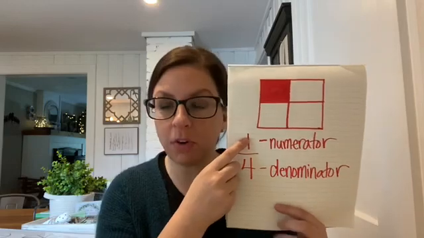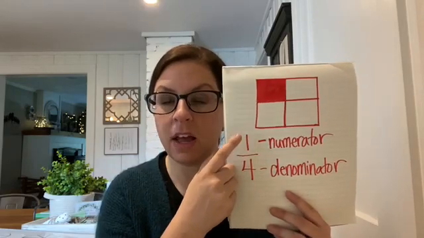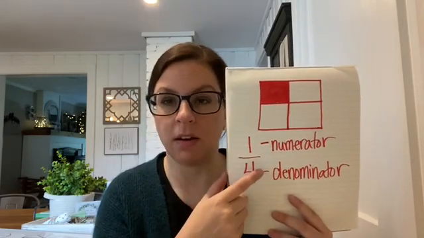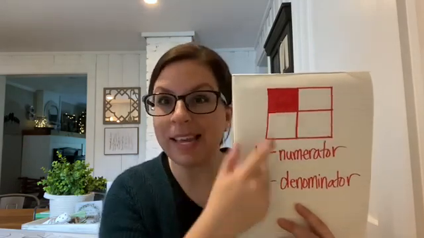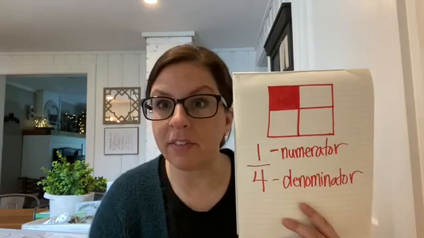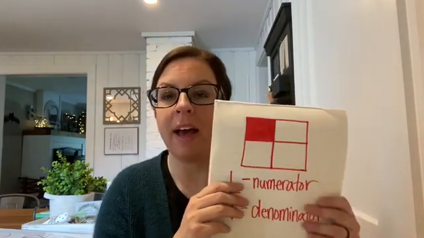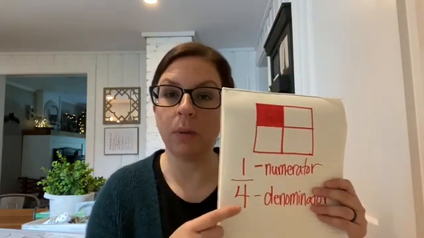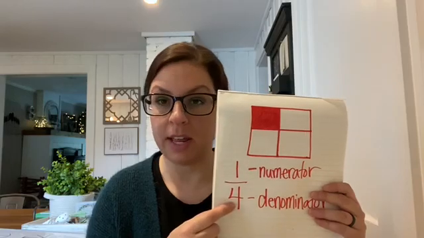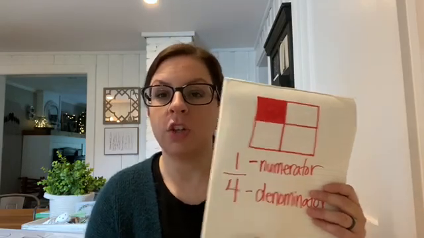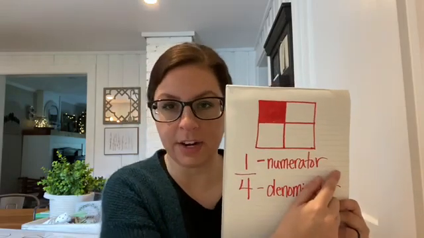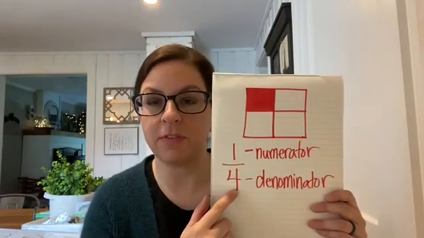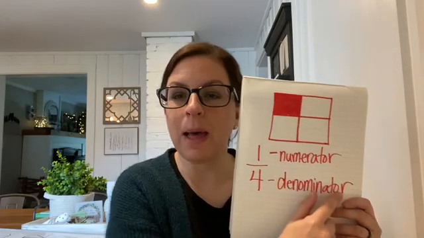And then the numerator is how many out of those total pieces are colored in, eaten, whatever. So I have 1 out of 4 pieces colored in. The top of the fraction is called the numerator. The bottom of the fraction is called the denominator.